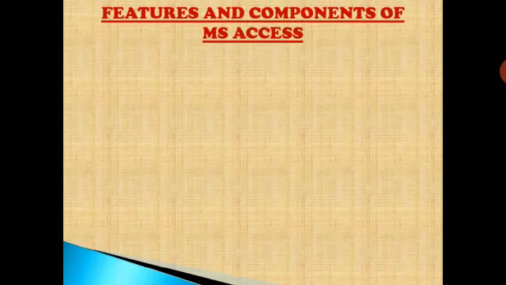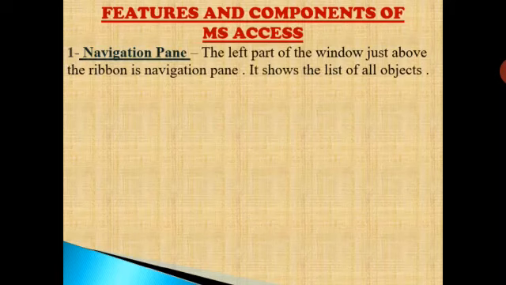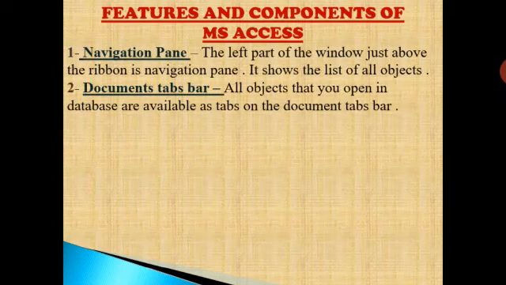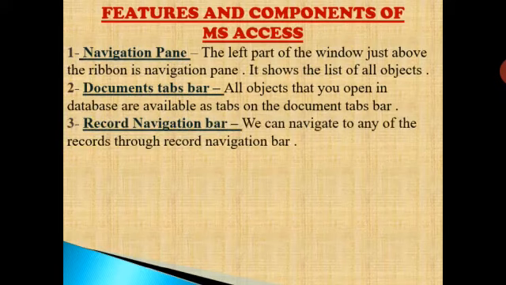Now the next is features and components of MS Access. Navigation pane. The left part of the window just above the ribbon is the navigation pane. It shows the list of all objects. Document tabs bar. All objects that you open in the database are available as tabs on the document tabs bar.